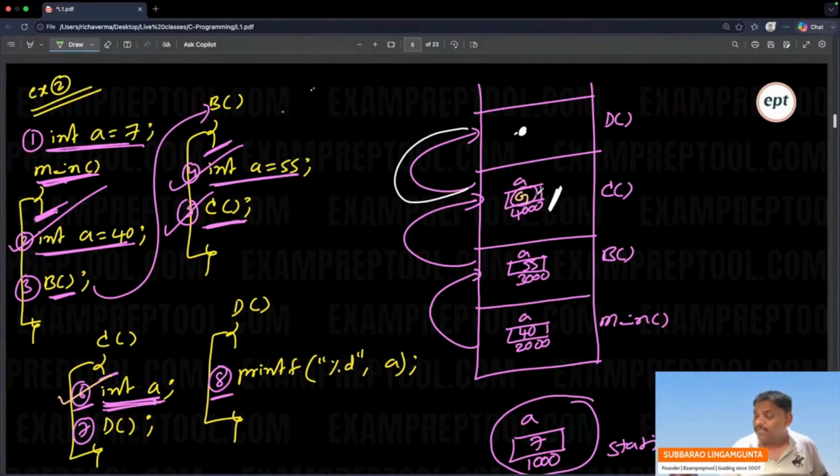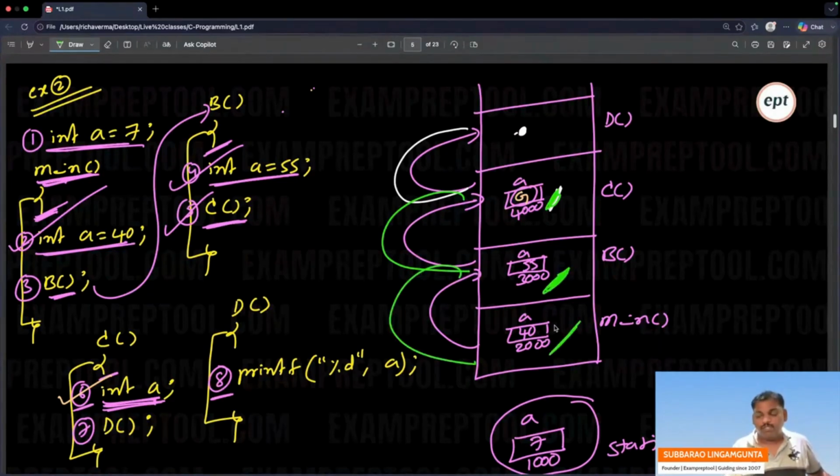Some people are asking, sir, here also it is not there. Let us assume that here also it is not there. Then go to the previous one. Here also not there, then go to previous. Remember, among all, the first one created is the global variable. Global variable will be created first.